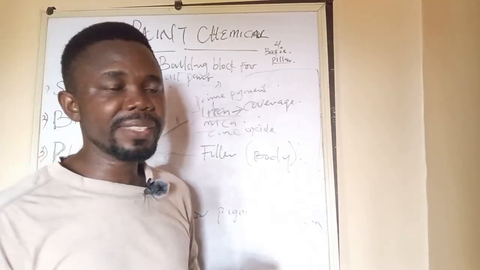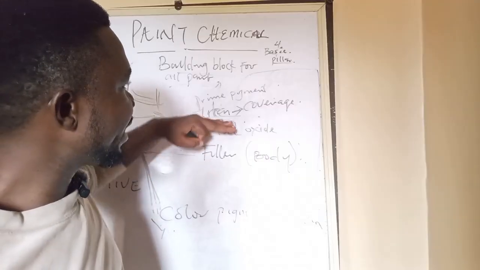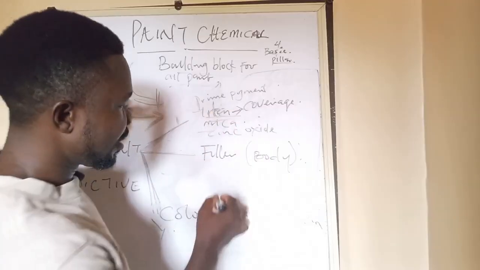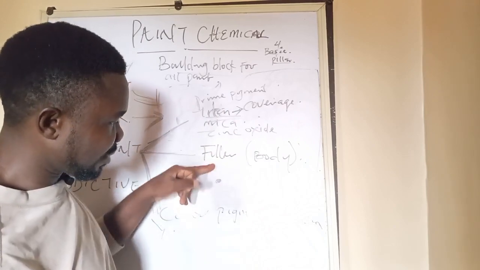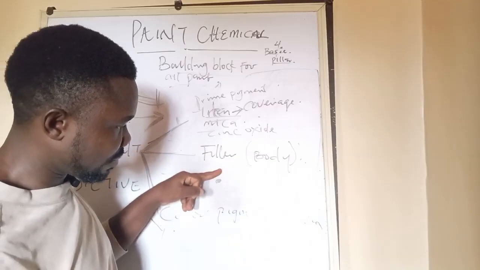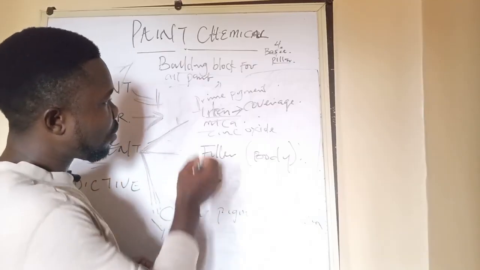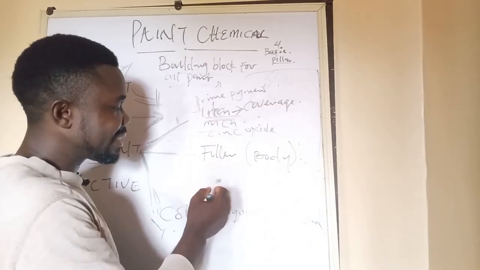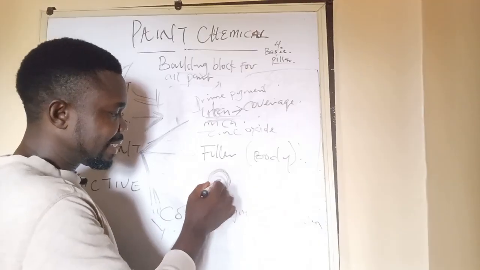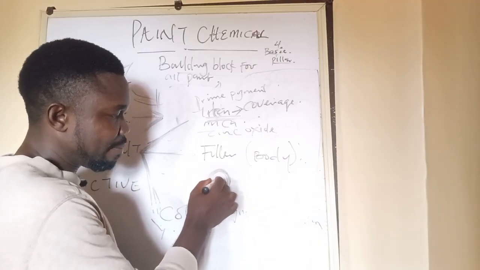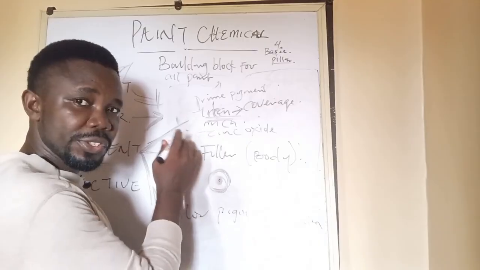So what does it mean that titan serves as coverage? There's a dot here. If I'm to paint over this black dot, I will need something that can actually cover it. So what titan does in your paint is mask this black dot and give it the coloration that I want.